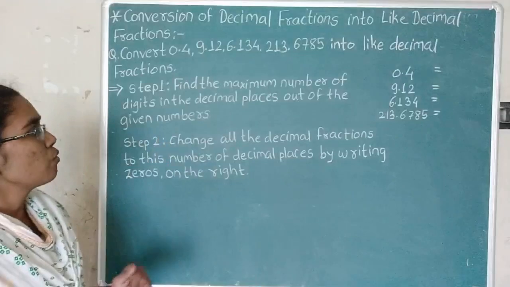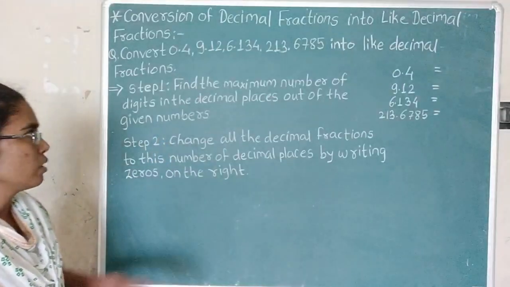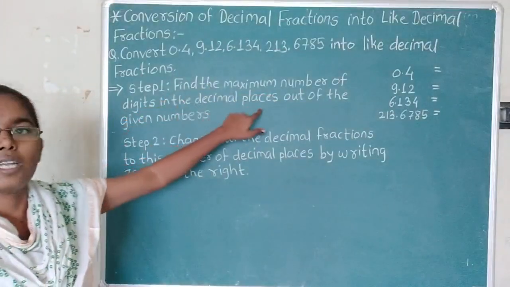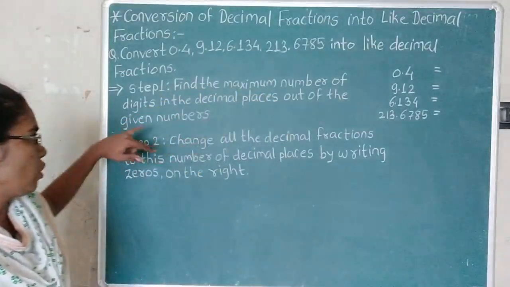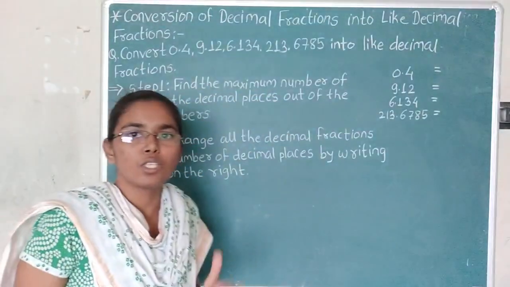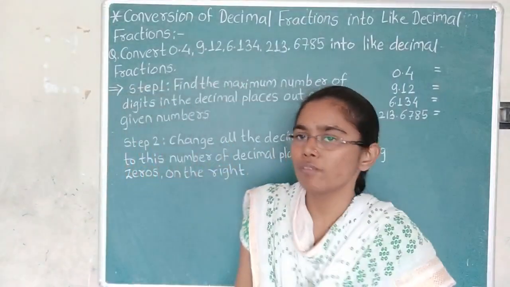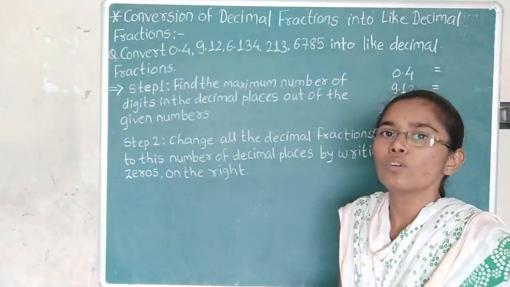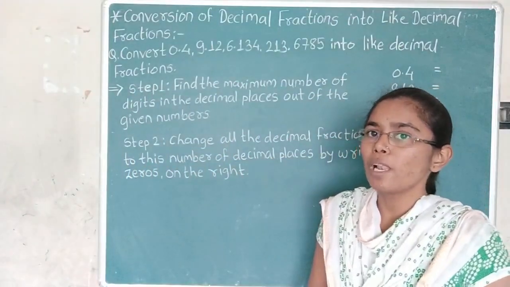First step is to find the maximum number of digits in the decimal places out of the given numbers. We have to see which number has the maximum number of decimal places.